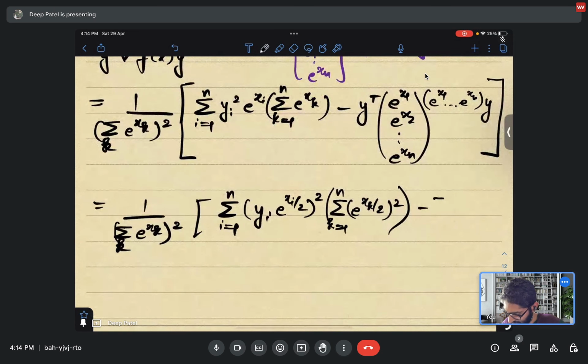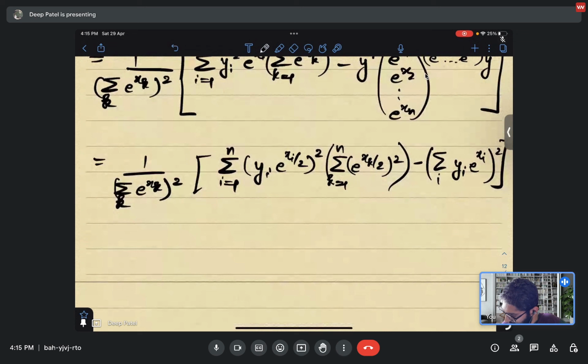minus summation i yi e to the xi, this whole thing squared.